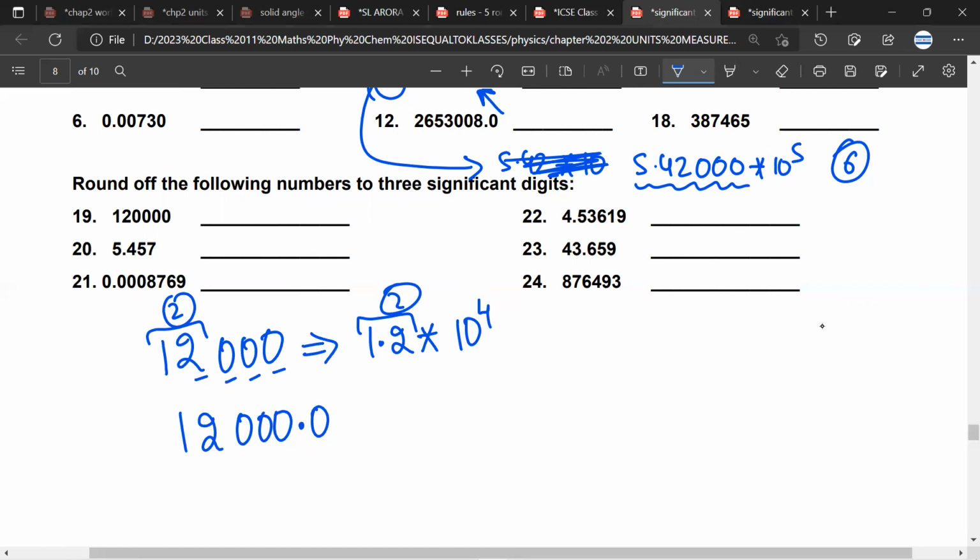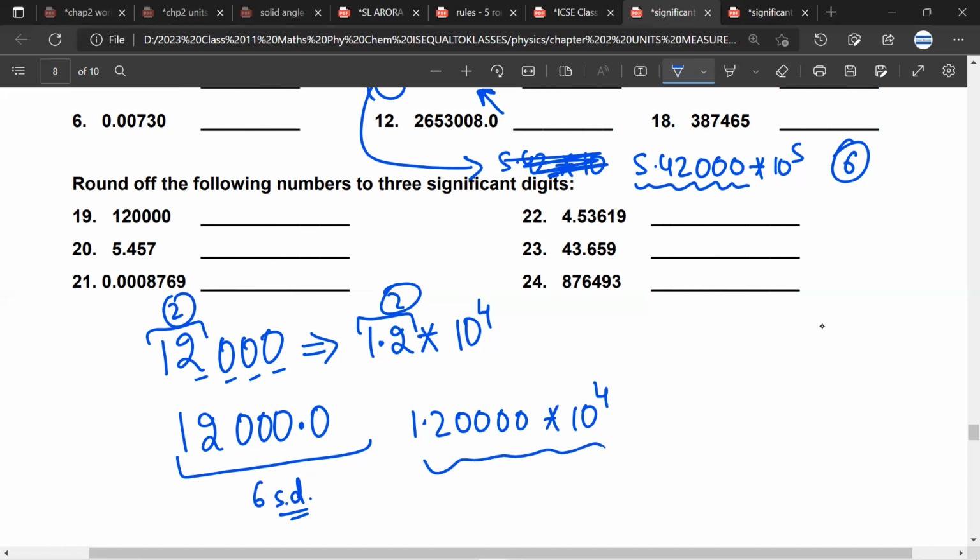But when I look at this one, I understand that there are 2 plus 3, 5, 6 significant digits. So similarly, in scientific notation also, there should be six significant digits. So 1, 2, 3, 4, 5, 6 into 10 raised to the power 4.